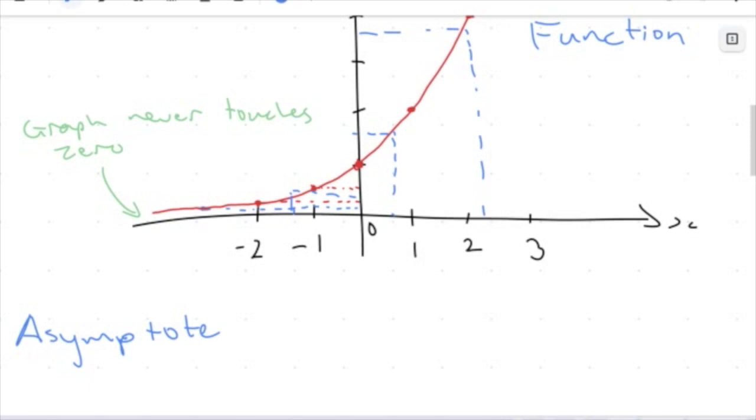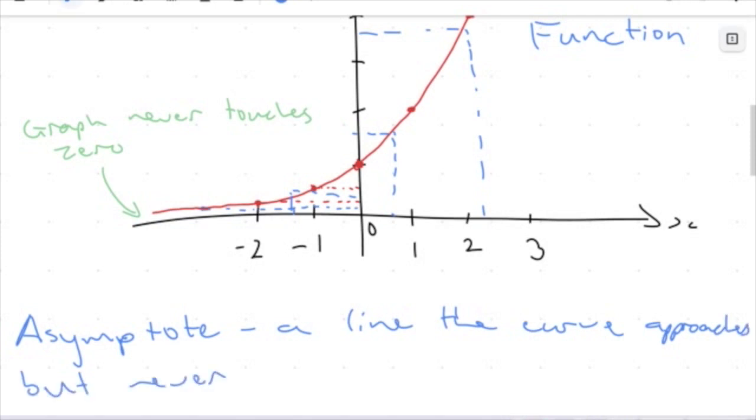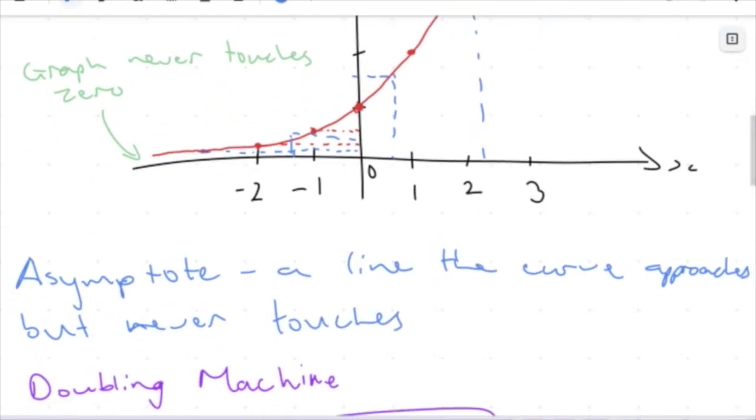So an asymptote is a line the curve approaches but never touches. And that asymptote is going to be the horizontal line of y equals 0.